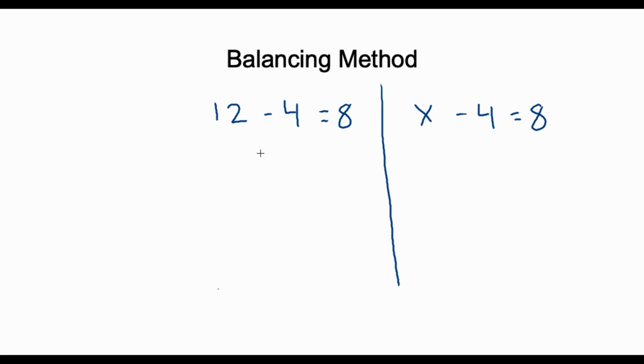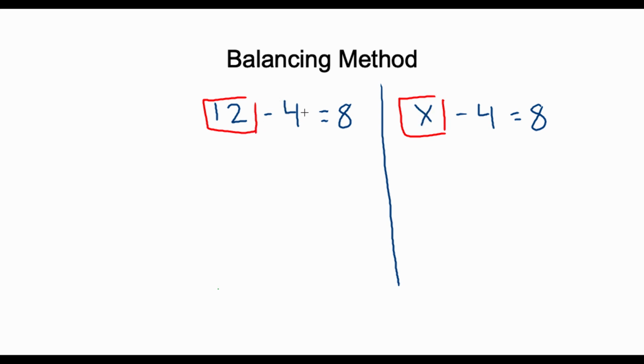Okay, now we know that the answer is 12, but just for the sake of seeing how the balancing method works, let's say we want to make this equation be equal to 12 because that's the unknown value for this equation.